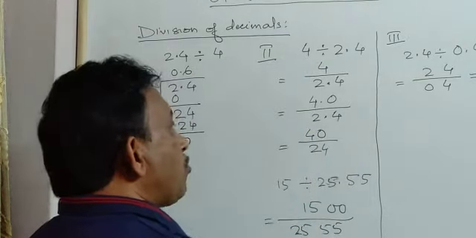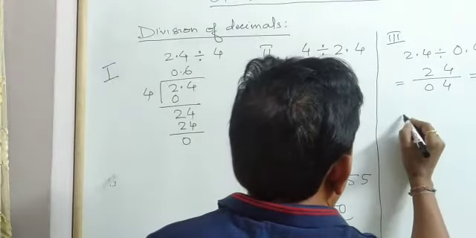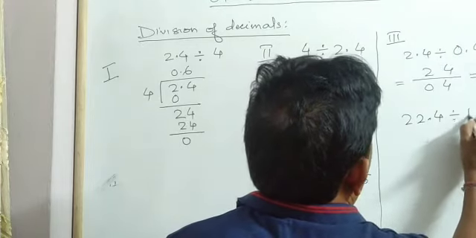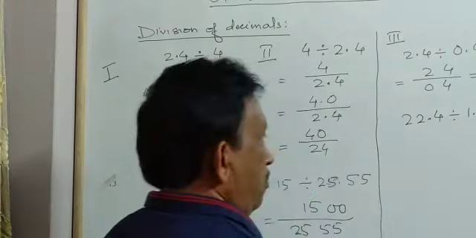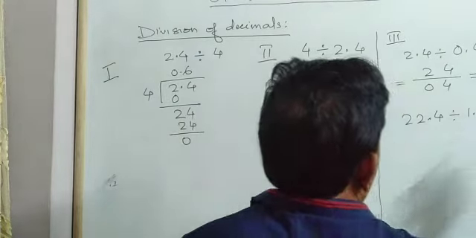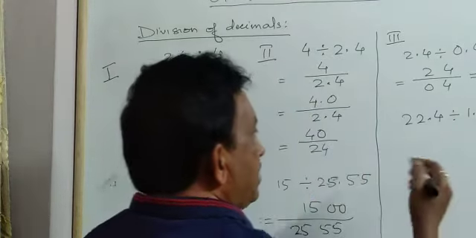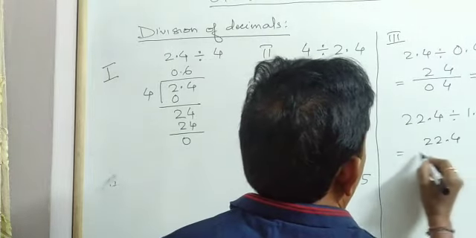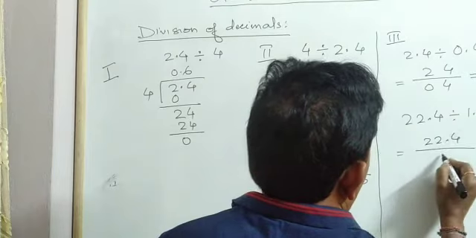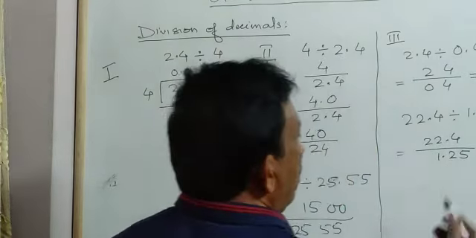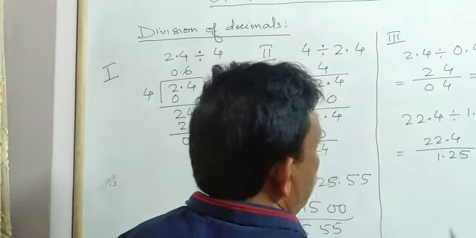Let's see one more example. Suppose 22.4 divided by 1.25. If you write it like this, 22.4 divided by 1.25. Very simple. You will convert both of them into like decimals.